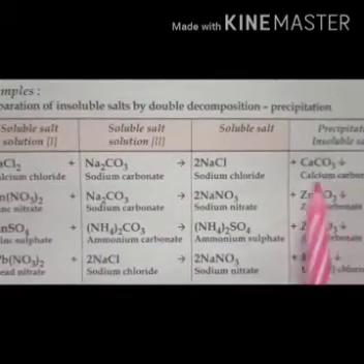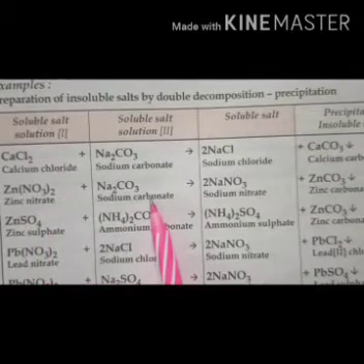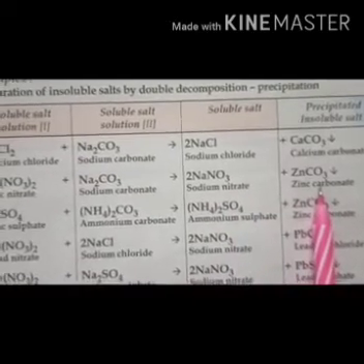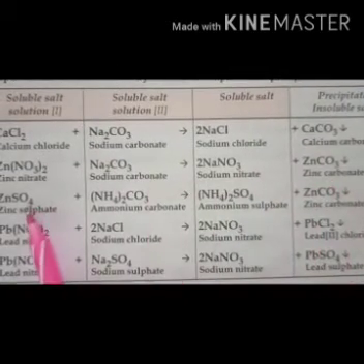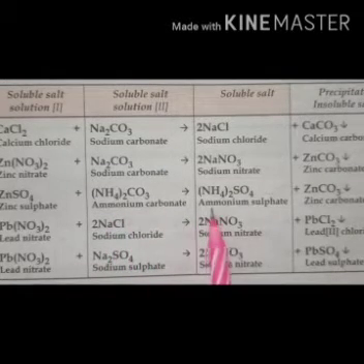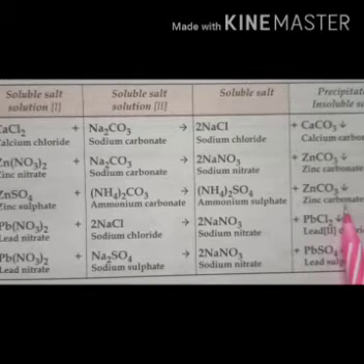Next, zinc nitrate when reacting with sodium carbonate forms sodium nitrate and zinc carbonate. Next, zinc sulfate when reacting with ammonium carbonate forms ammonium sulfate and zinc carbonate. The same white precipitate is formed.